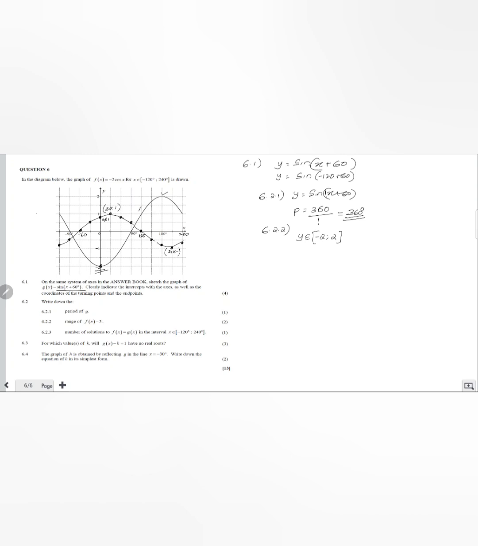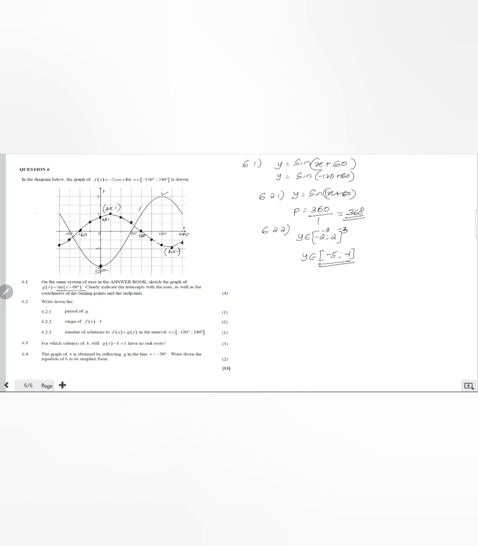Okay, remember this is for f of x. They want f of x shifted 3 units down. So you have to subtract 3 from both numbers. That is minus 3 here, and here also minus 3. So the answer is y element of closed bracket minus 5 up until minus 1. So this is how we do this question.